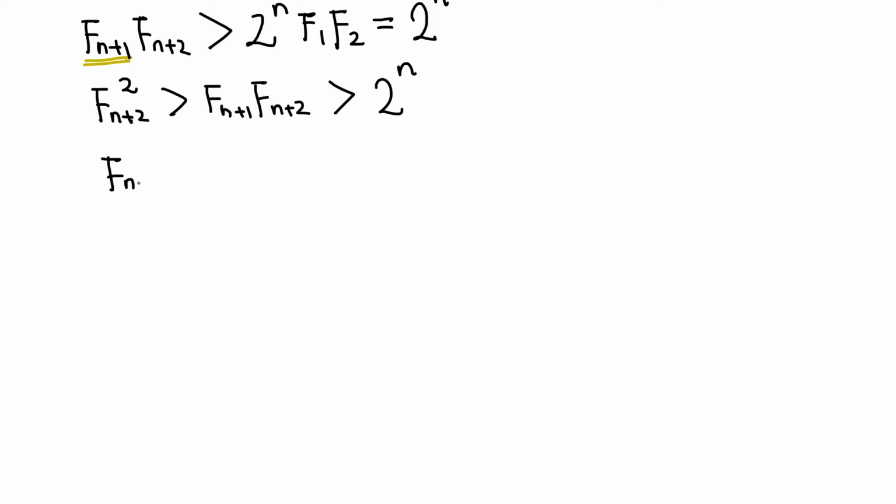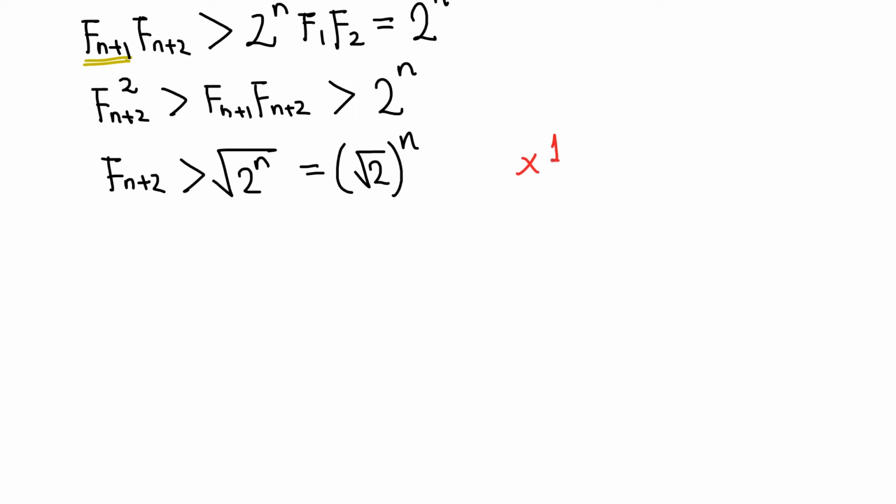And now let's take the square root. And since all of these terms are positive, taking the square root does not change the direction of the inequality sign. So we have the square root of 2 to the power of n, which can be written as square root 2 to the power of n.